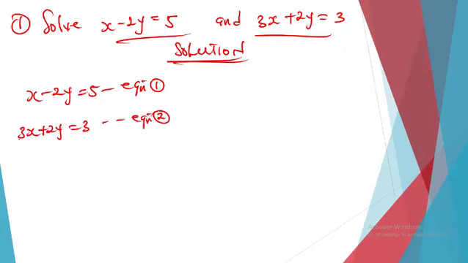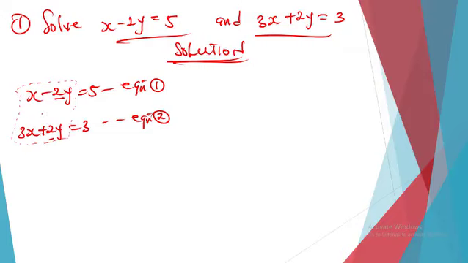Now looking at these two equations, first we need to make one of the variables equal in both equations. Looking at this, we have 2y and 2y, so since these are equal in both equations, we can easily eliminate.